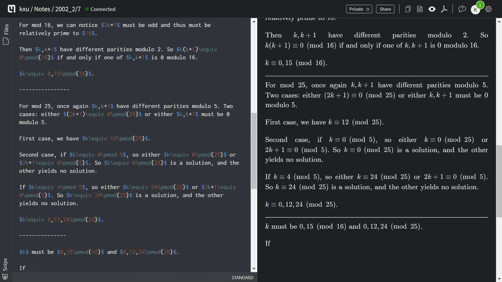If it is 0 for both, then k is 0, which is not possible. Or at least we're excluding the higher residues, because we assume that there should be one within the initial residues that actually works. So we're not considering, for example, that k is 16 times 25.